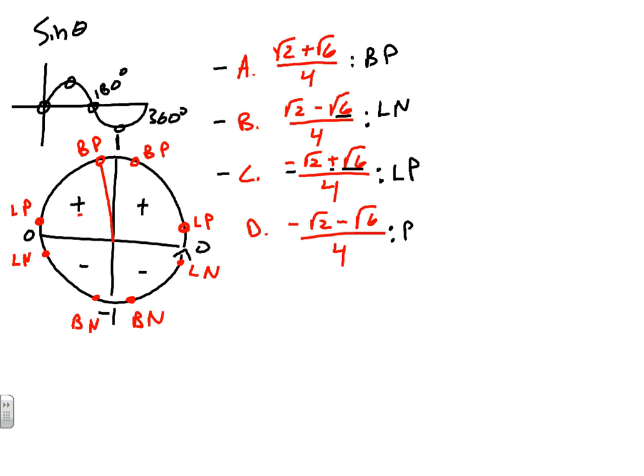And this would be a big negative value. Therefore, the sine of negative 75 degrees is big negative.